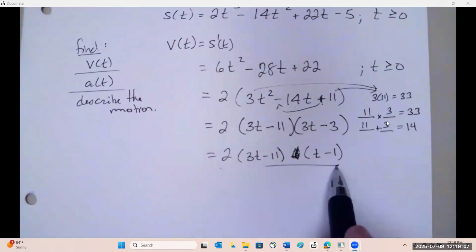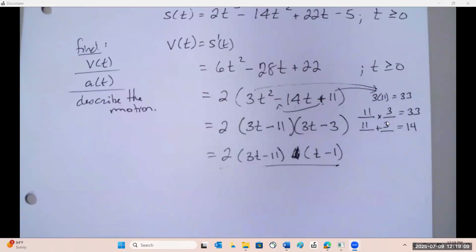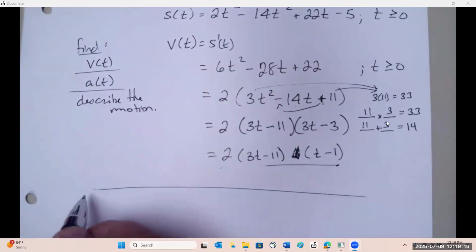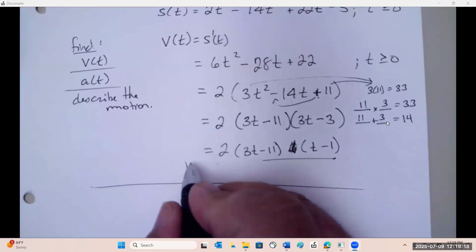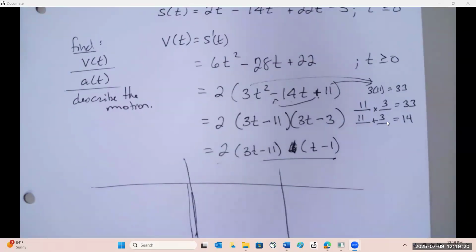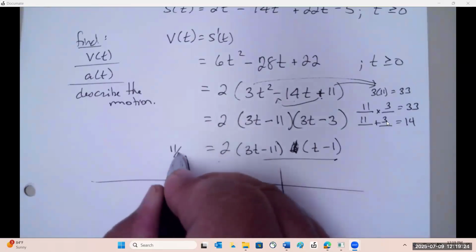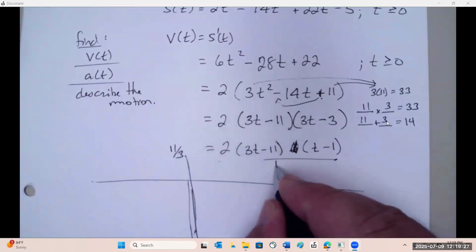There is our factor. So what are our critical values? We have the intervals. Our critical values are at 11 over 3 and at positive 1.